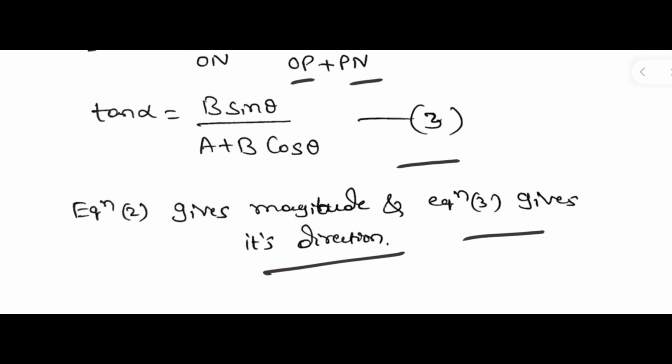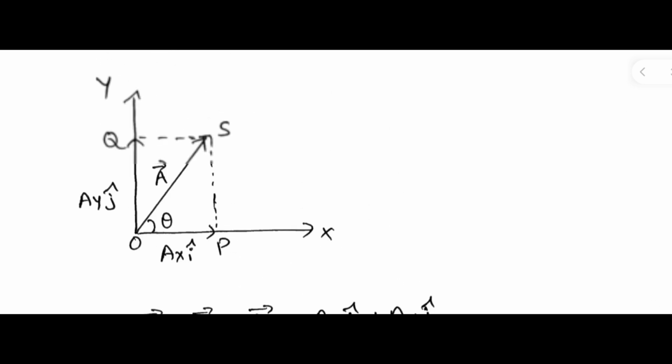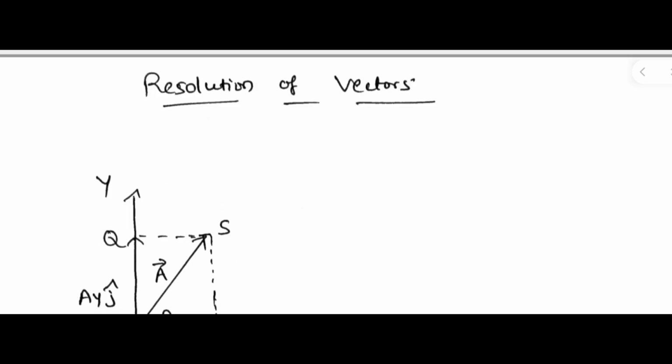Next concept is resolution of vectors. First, we will discuss what is meant by resolution. Resolution means resolving a certain quantity into axial components, that is, in terms of x component as well as y component. For example, we have the numerical value 4.